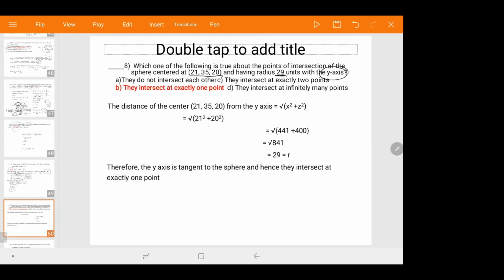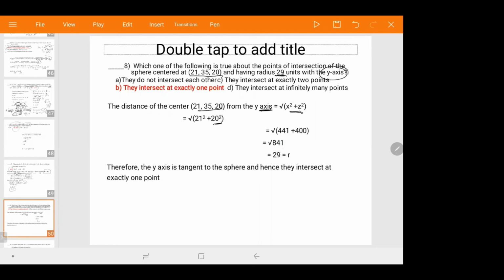Now, let us try to find the distance of the center of our sphere from the y-axis. It is the square root of x squared plus z squared. The square root of 21 squared plus 20 squared, not y squared. 441 plus 400, that is 841.